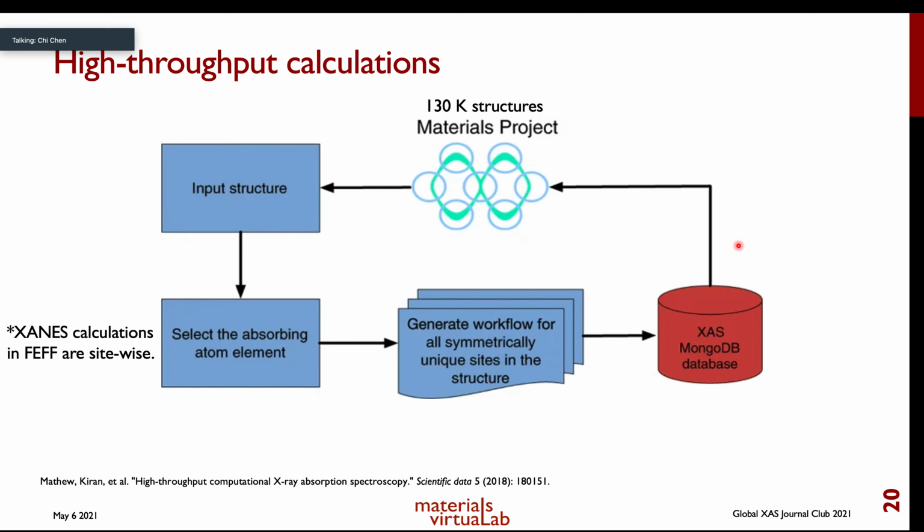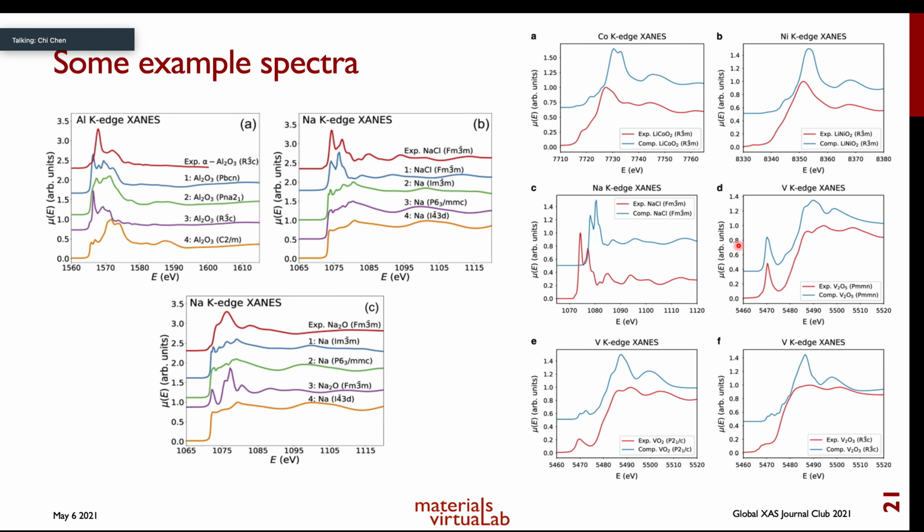Note that the calculation is done on a site basis, not a structure-wise calculation. Finally, we insert all the data into the XAS MongoDB database. This work has been published in Scientific Data, led by Professor Kristin Persson's group.